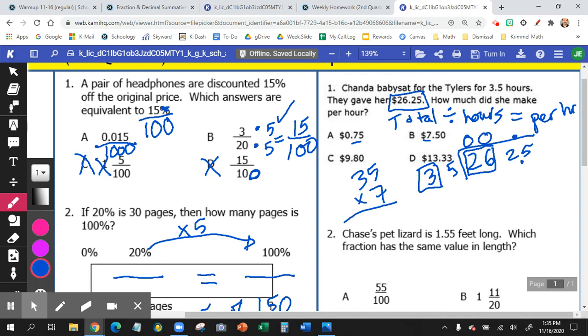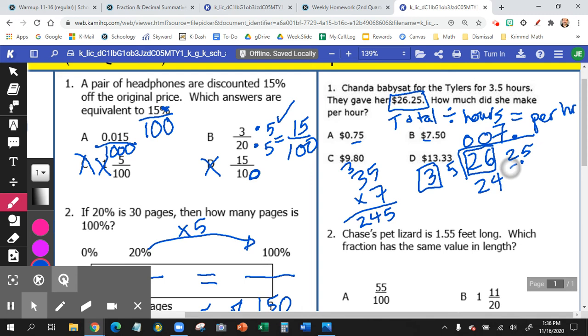7 times 5 is 35. 7 times 3 is 21 plus 3. All right, so 245. So that would be correct. If we multiplied by 8, that would have been too much. So 7 times 35 is 245.